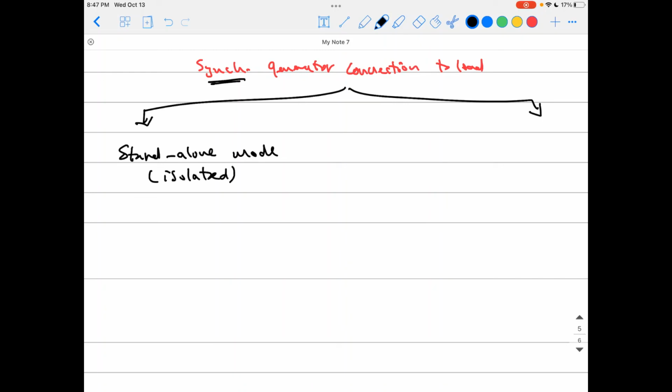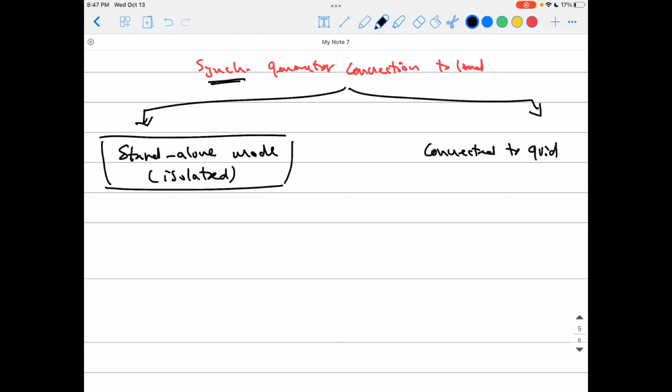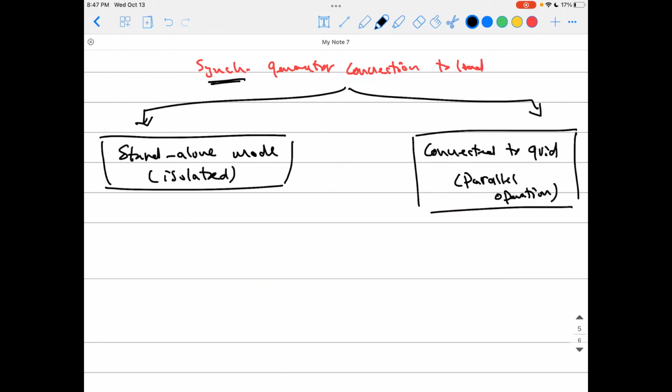The other one, we call it the connected to grid mode, or the parallel operation, because it is connected in parallel with a grid. So in the first case you have your synchronous generator connected to a load, just not connected to a unified grid like we have in the public system, while in the second it is connected to the system, to the grid.